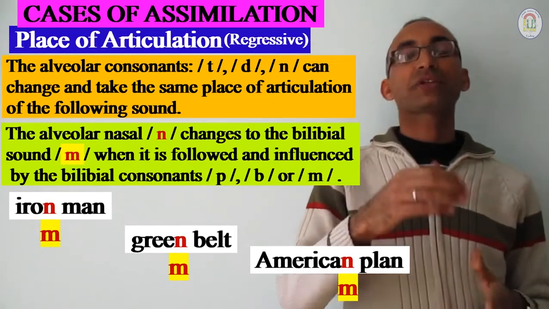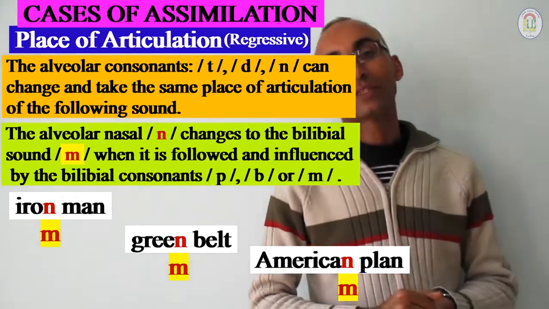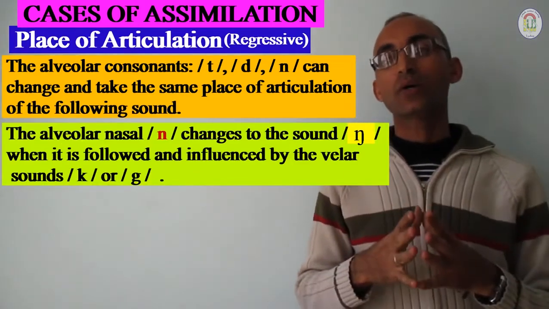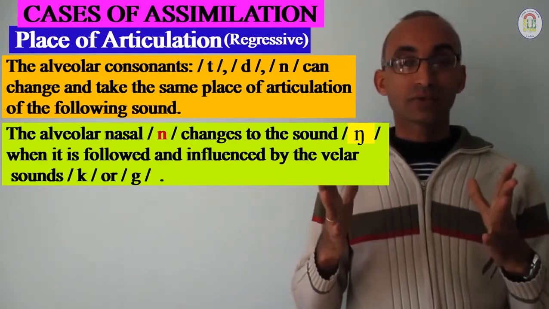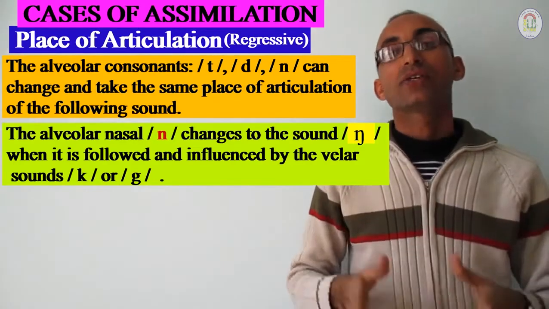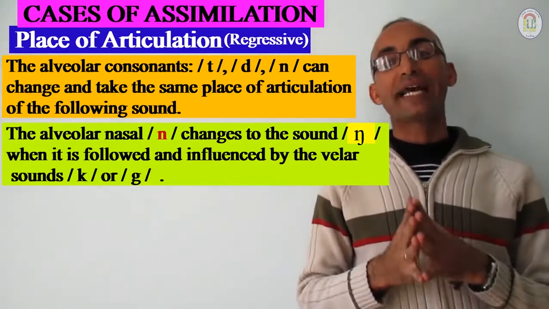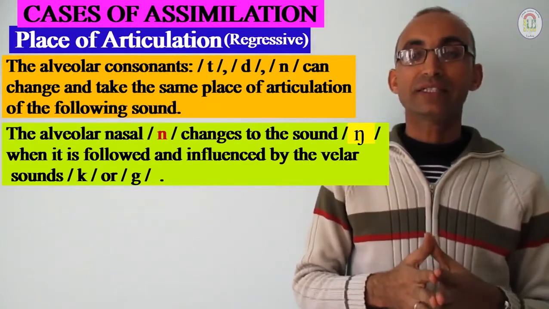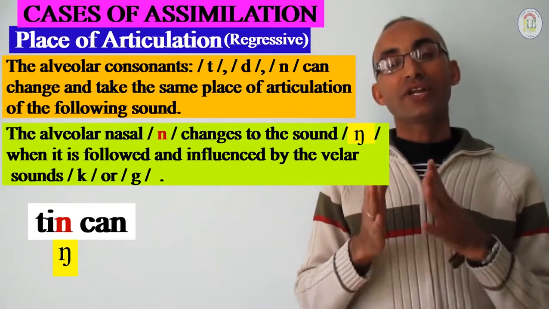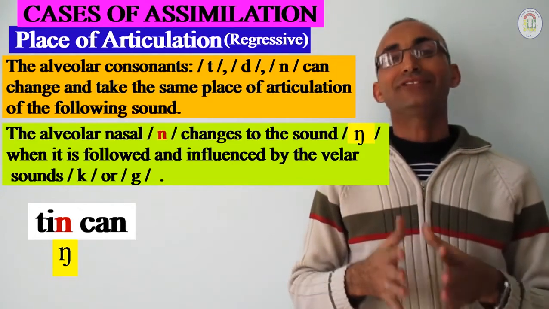Also, I have another change for the consonant na to the sound nya, when this na is followed and influenced by the velar sounds ka or ga. Like in tinkan. So here, na changes to nya.